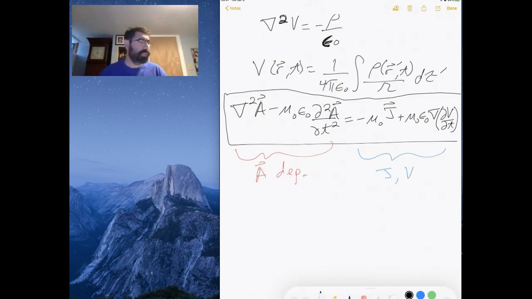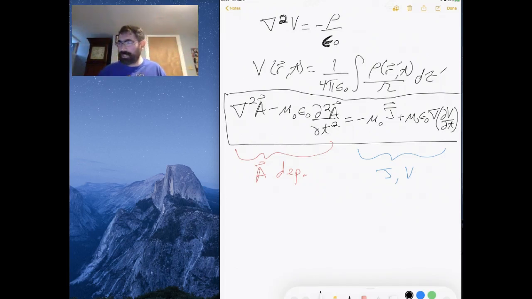A lot of times V is easier to solve for than A. V is a scalar, A is a vector. That reduces the problem a little bit, where now all you have to do is solve a second-order differential equation on the left with respect to some stuff on the right. If you choose a good example for V such that it cleans up the problem, then it's not that difficult to solve.